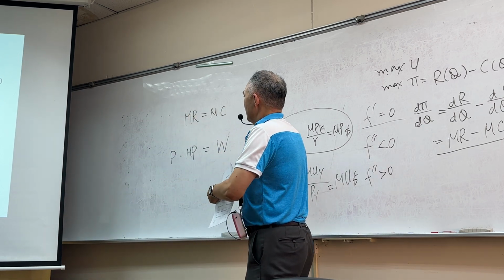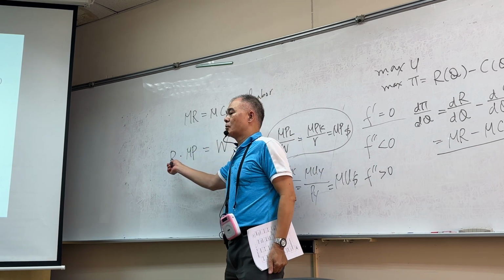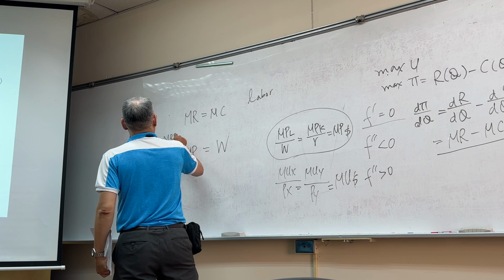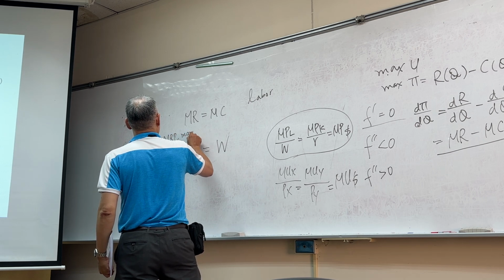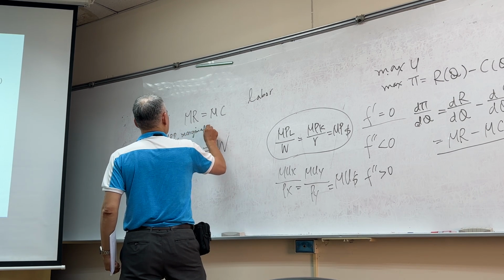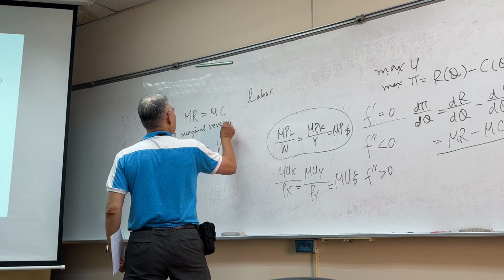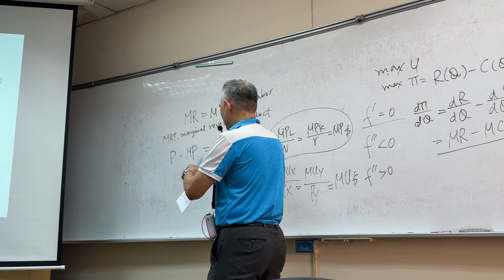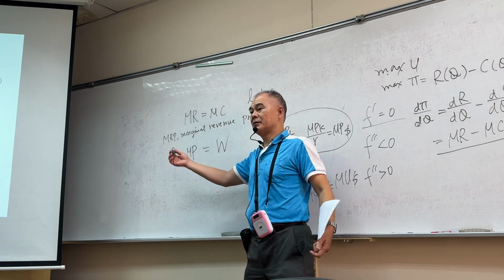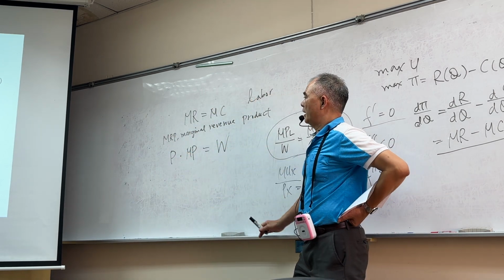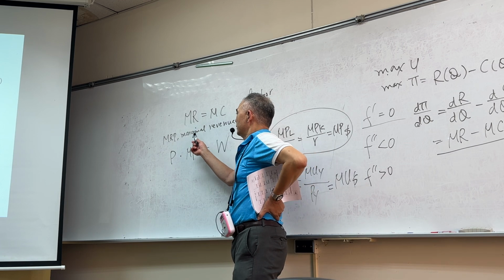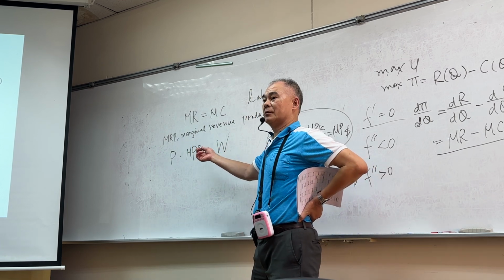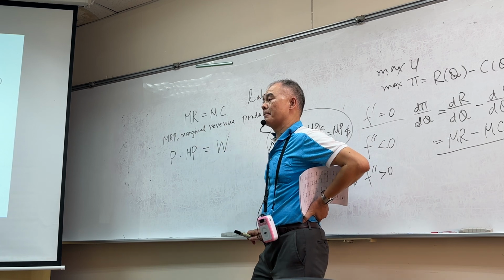So sometimes this is called MRP, marginal revenue product, but oftentimes we just call it marginal revenue. That's easier. And this is for labor. You can do the same for capital. So basically that's the same thing.